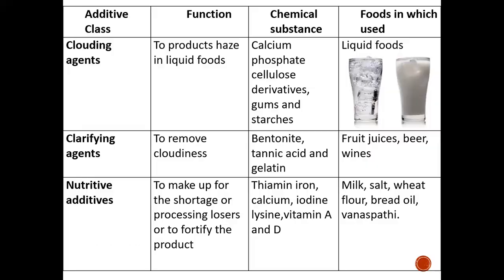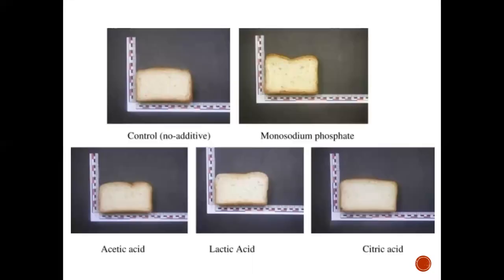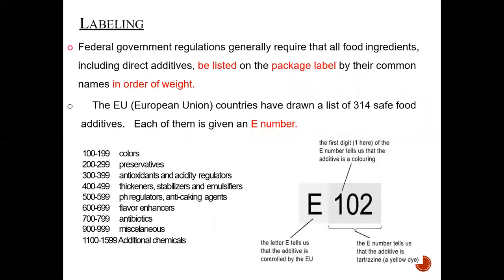So these are the different types of additives which are commonly used in foods. Now let's see how you identify them on labels, especially in the case of processed foods. Actually, by law, it is important that these additives are mentioned on your label. You must have seen a lot of numbers, like E numbers.